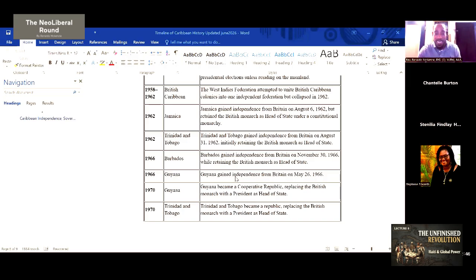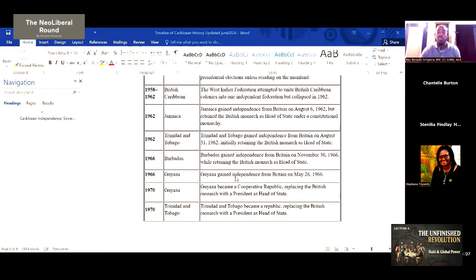1966, Guyana gained independence from Britain on May 26, 1966. 1970, Guyana again became a cooperative republic, replacing the British monarch with a president as head of state.